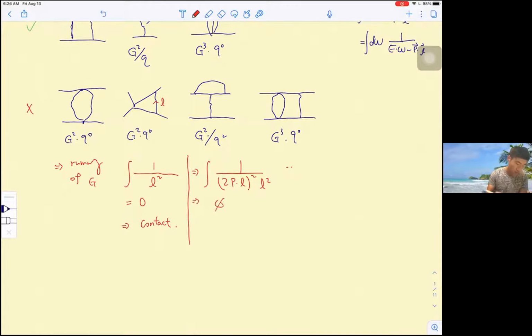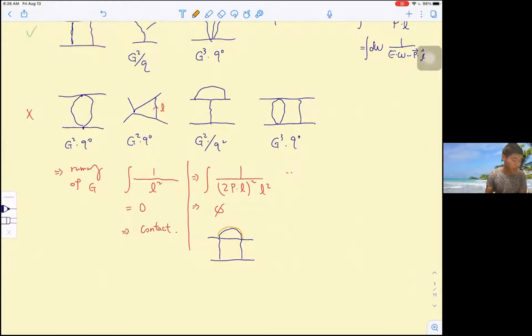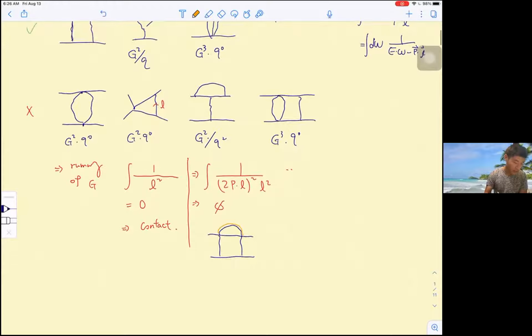The reason I say this is tricky is that as long as you go to two loops, you can make the same argument and it will still be true for the potential region, but the result is not true if I replace this with the radiation mode. We can also discuss this, but at least for the potential region, this integral is also scaleless, and therefore we can ignore this diagram.